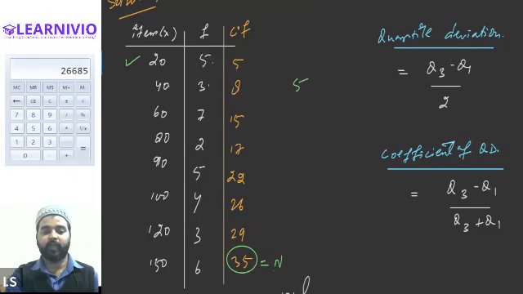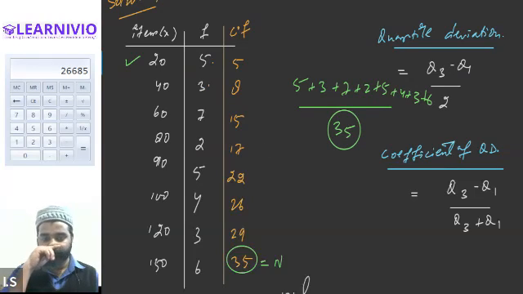And 40 is how many times? 3 times. So 5 plus 3 is 8 items. Then 60 is how many times? 7 times. So you can add 7, then 2, then 5, then 4, then 3, then 6.